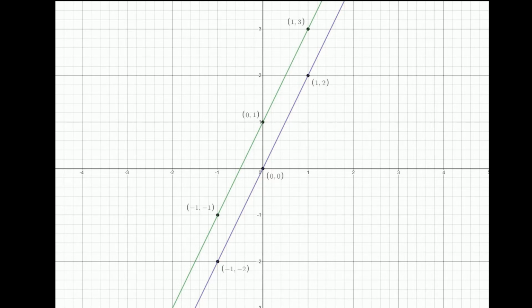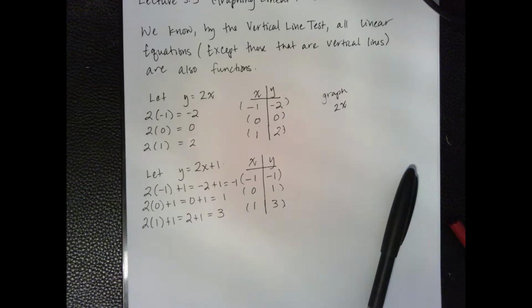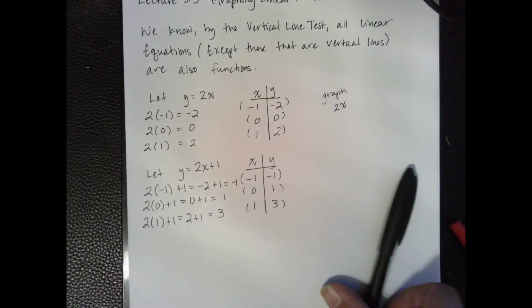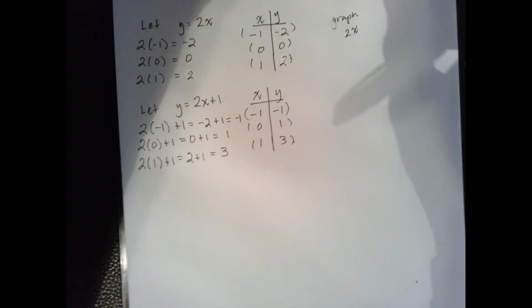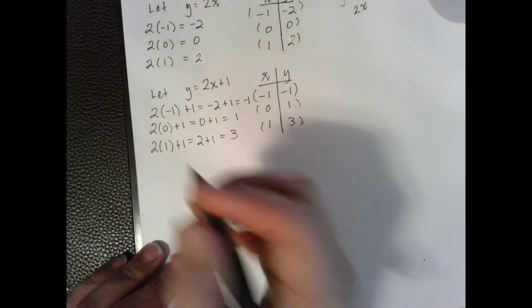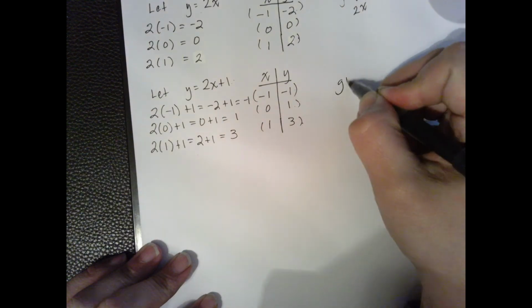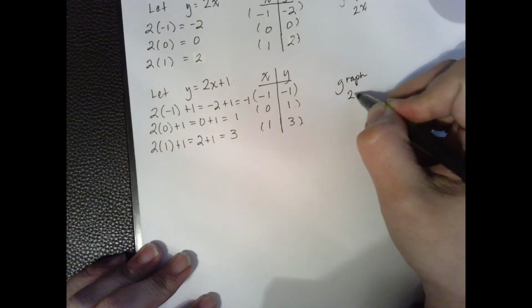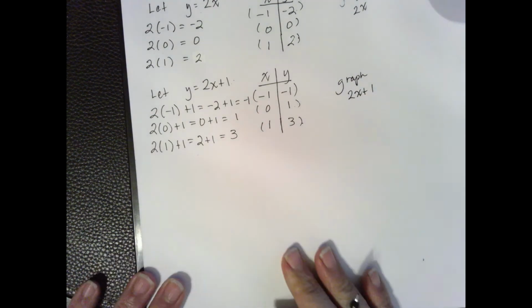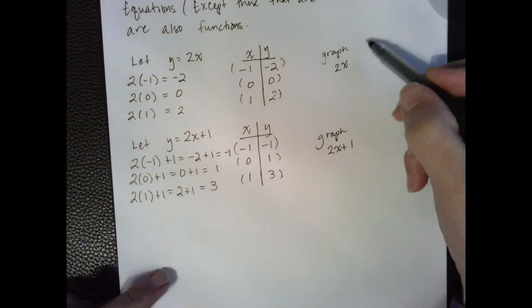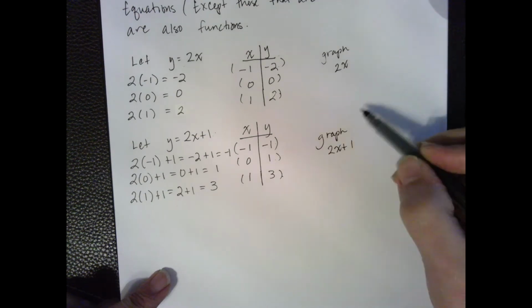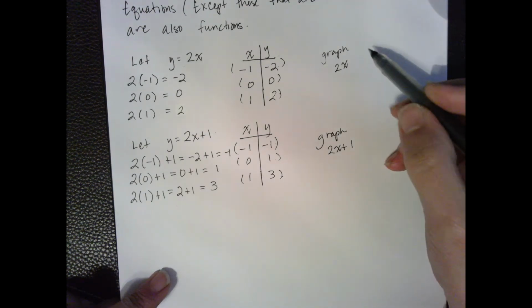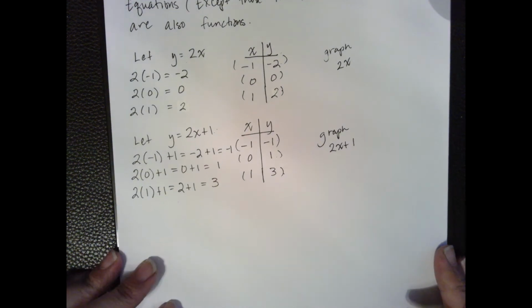Okay, so let me turn my camera back on. So in general, we did see the graph of 2x plus 1. I'm labeling these here because there is a document on Canvas that has these pictures of the graphs for you, so you don't have to try to sketch them out.